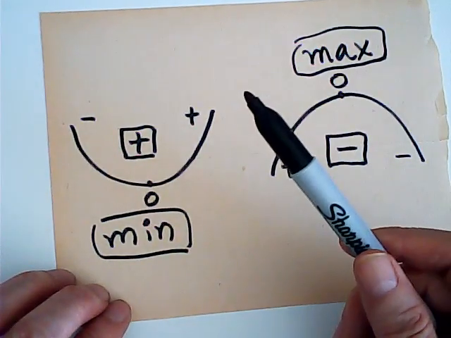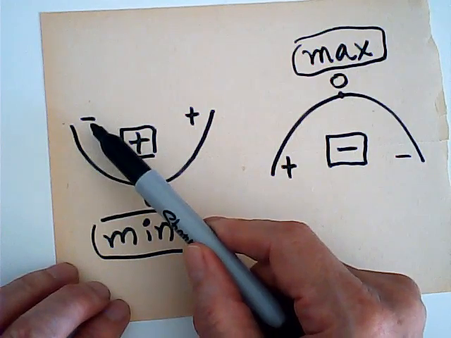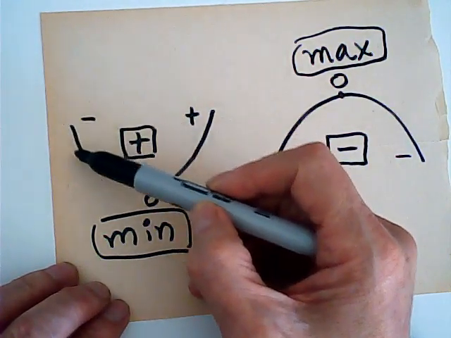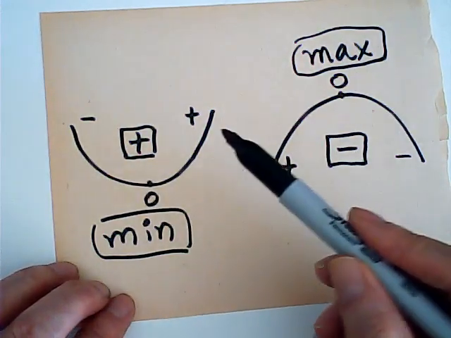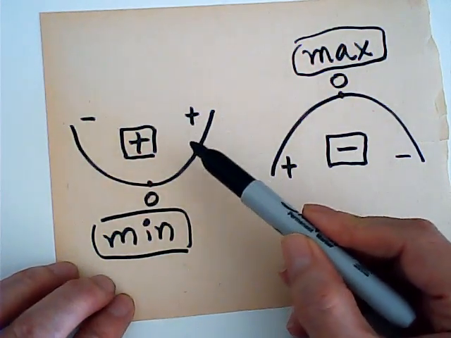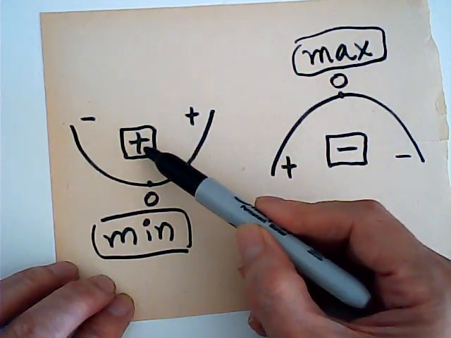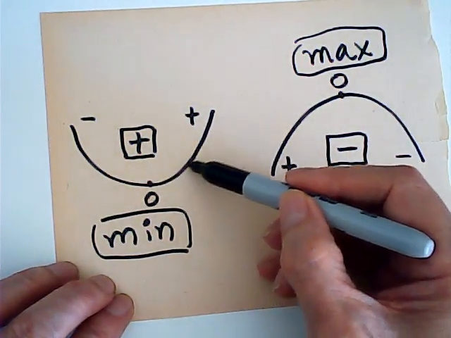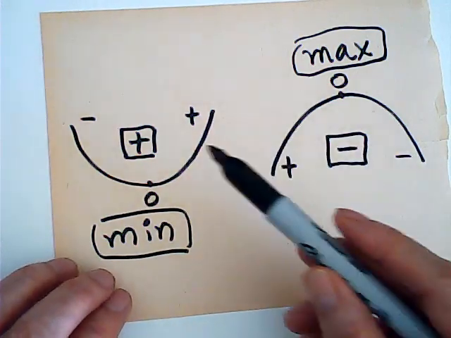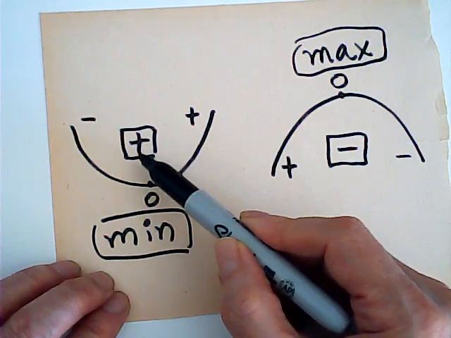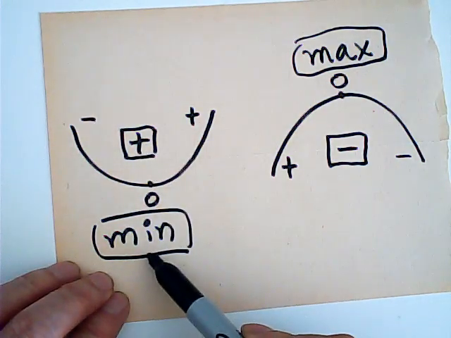If for a function the first derivative is negative and the second derivative is positive, the shape of the curve looks like this. If the first derivative is positive and the second derivative is positive, the shape of the curve looks like this. If the first derivative is 0 and the second derivative is positive, this is the minimum value.